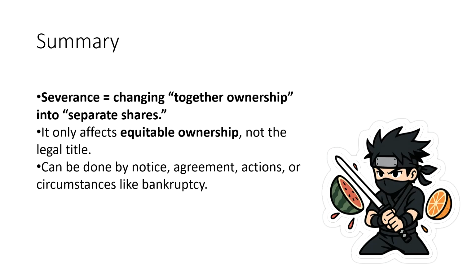And there are a couple of ways that this can be done. So for example, notice, agreement, and action. Those are things that actually require some kind of action taking place, or there could be some other circumstances like bankruptcy, like a murder, and so on.